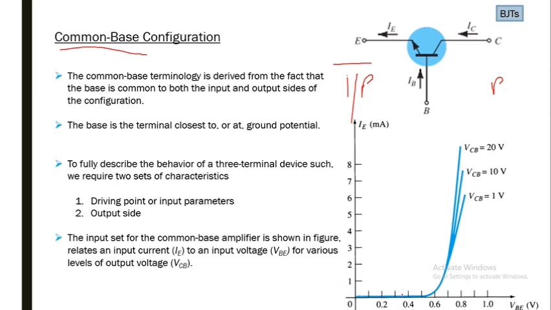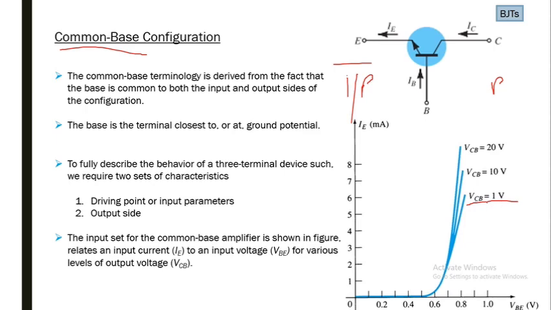As we can see, there is a rise or knee voltage around 0.7 volt, and these three different curves are represented for different collector to base voltages.